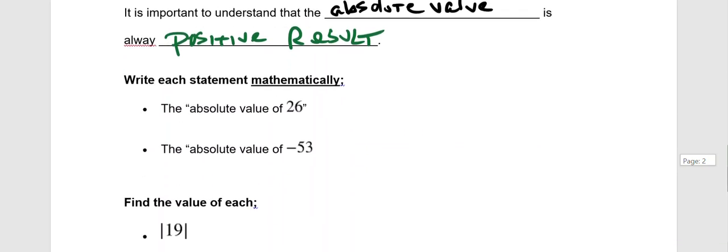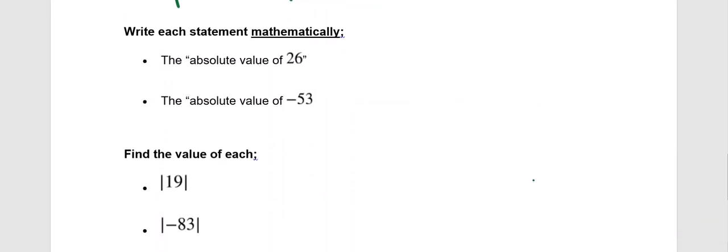So if I want to quickly write these expressions mathematically, the absolute value of 26, there's my absolute value bars of 26. The absolute value of negative 53, there's my absolute value bars of negative 53.